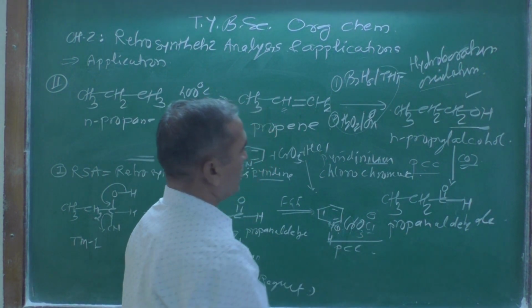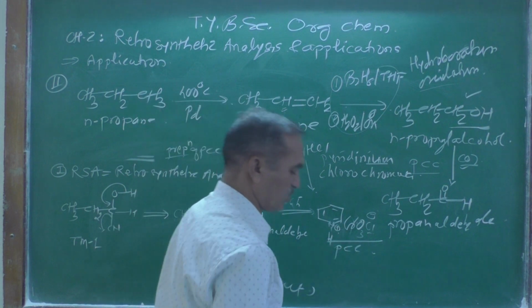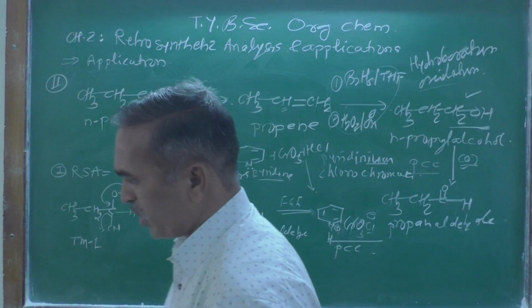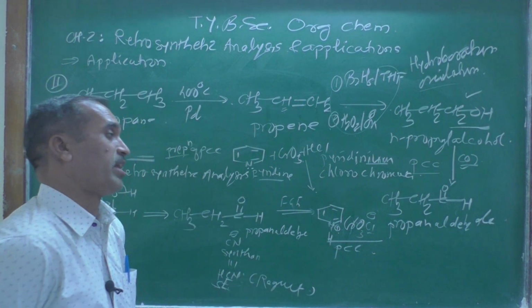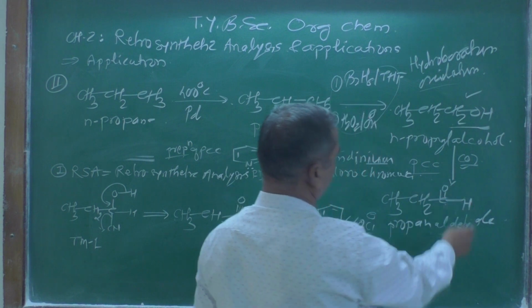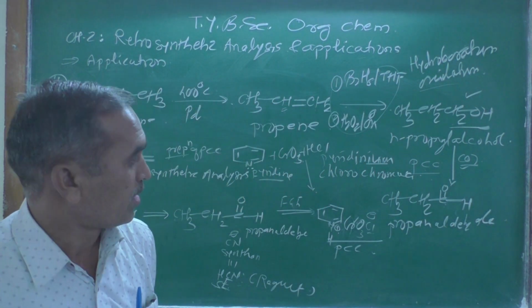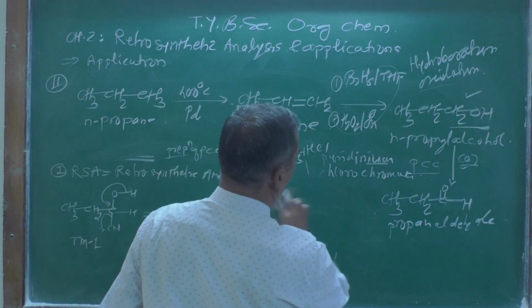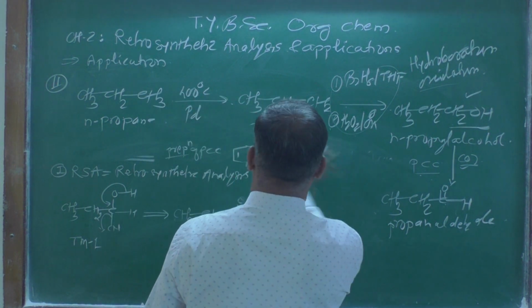Chloro means chlorine, and CrO3 is called chromate. So this is pyridinium chlorochromate. It is a very proper reagent which converts a primary alcohol into an aldehyde.